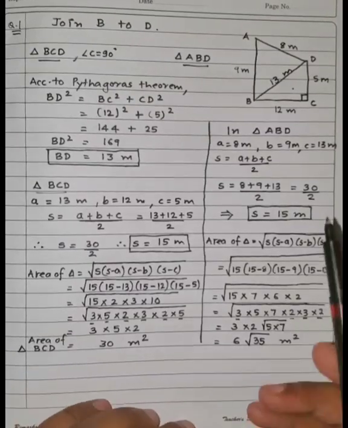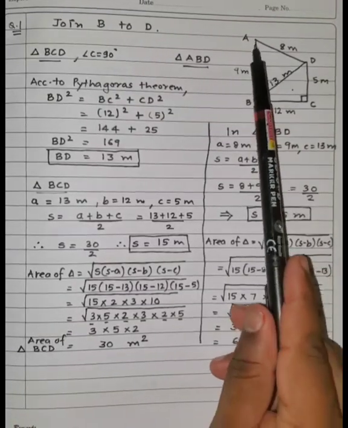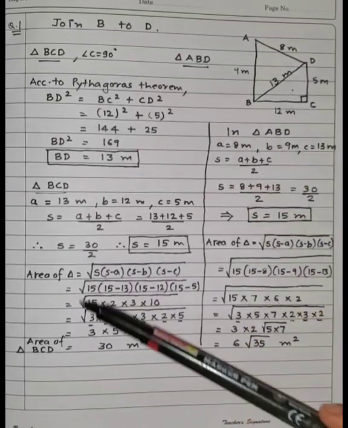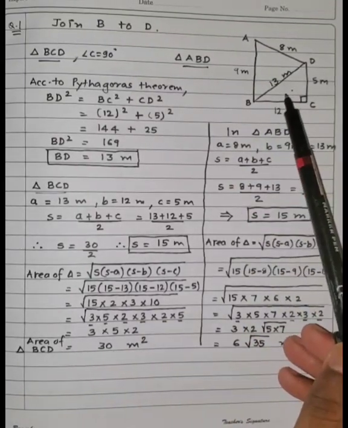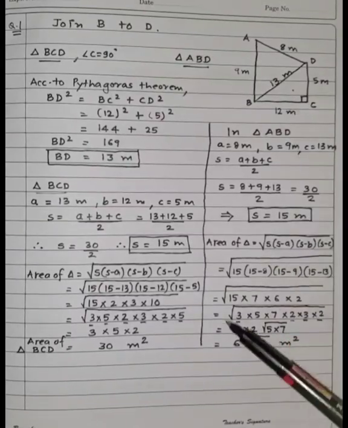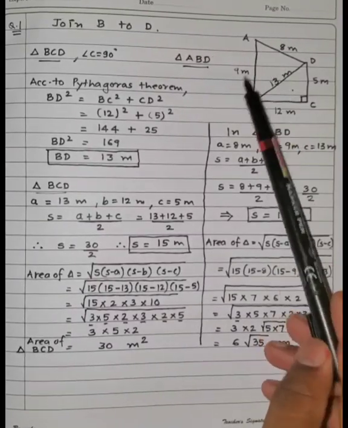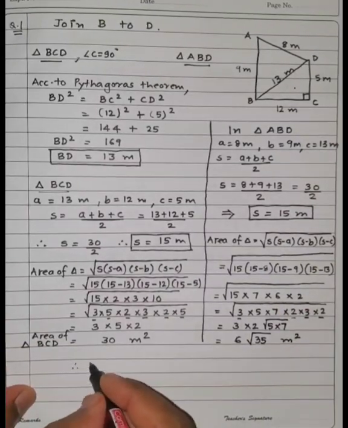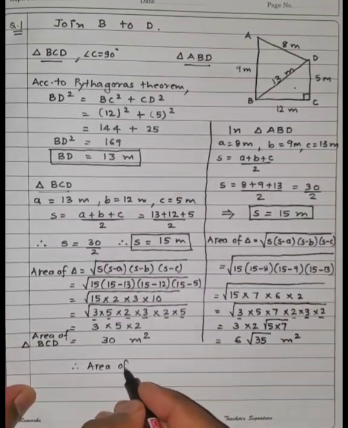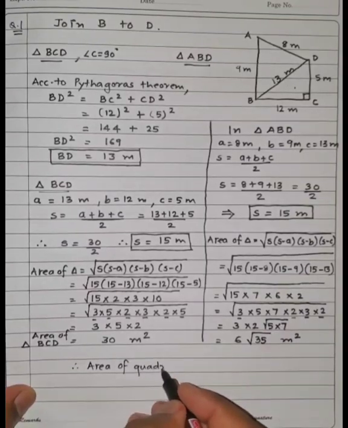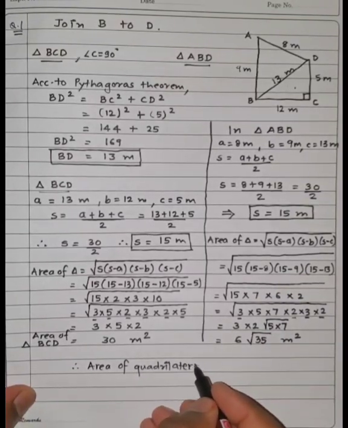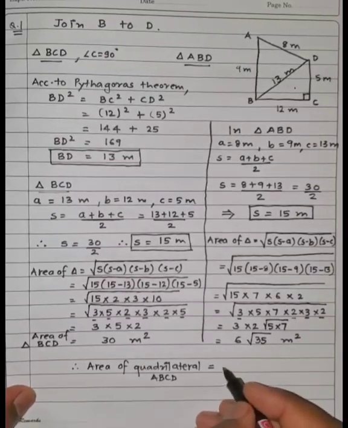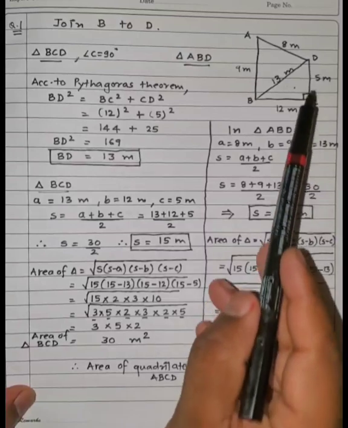So what we began with is to divide the quadrilateral ABCD into two triangles. First, we found the area of triangle BCD. Then we found the area of triangle ABD. So here we can conclude that the area of quadrilateral ABCD is equal to the sum of the areas of these two triangles.